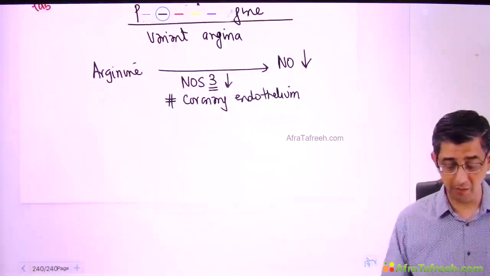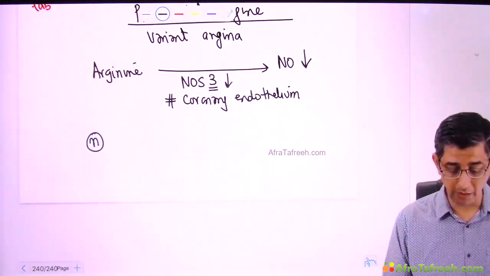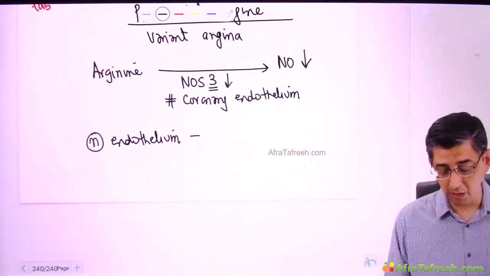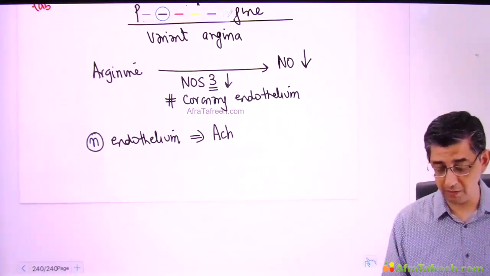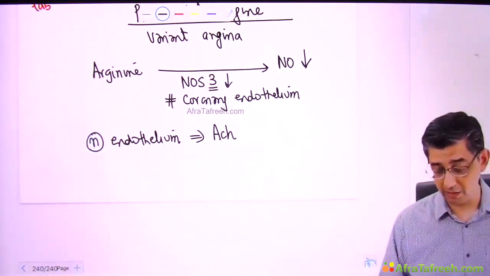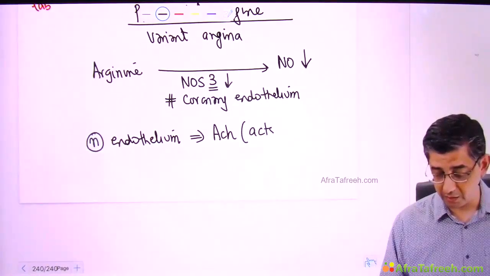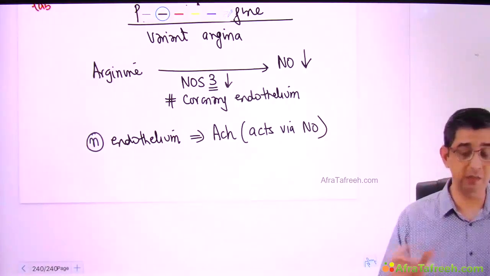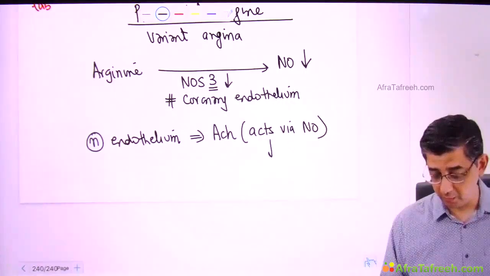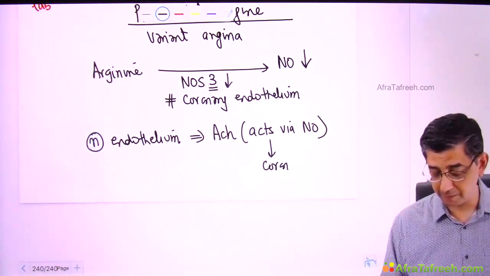I want you to remember that when it comes to normal coronary endothelium, we are talking specifically about the coronary endothelium at the moment. Under normal circumstances in coronary endothelium, there can be release of acetylcholine. And this acetylcholine acts via nitric oxide only. I want you to remember that in a normal person, acetylcholine acts via nitric oxide and it contributes to coronary vasodilation.